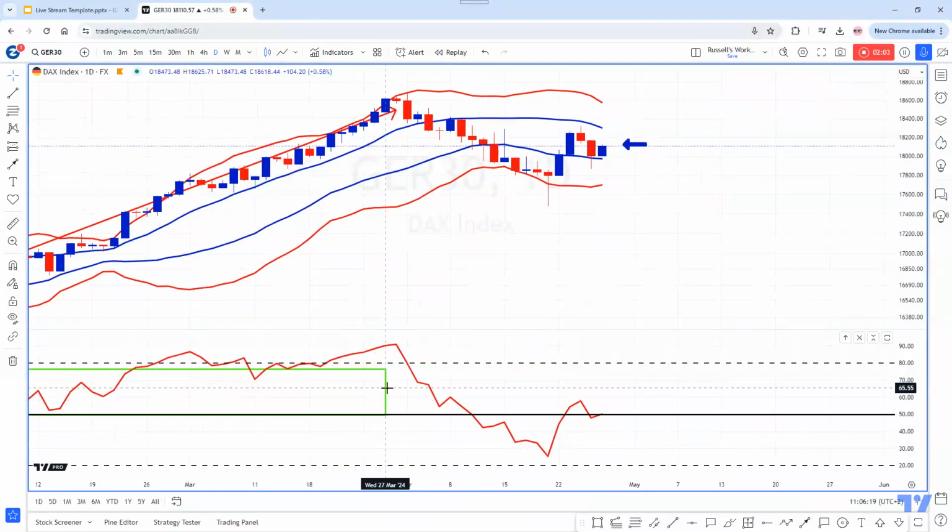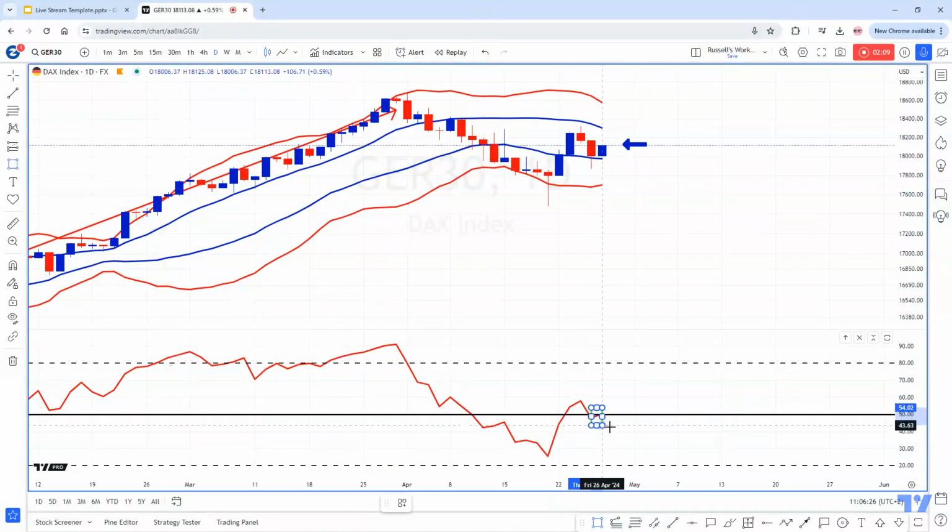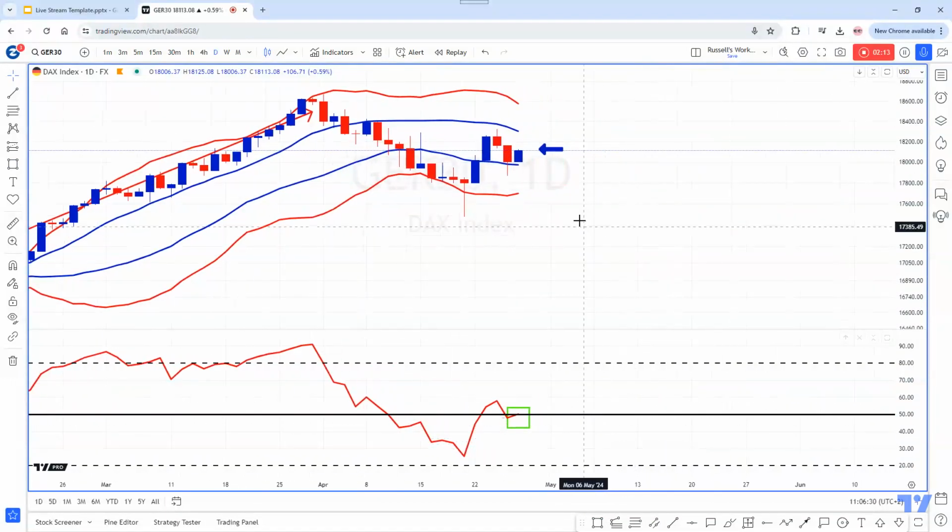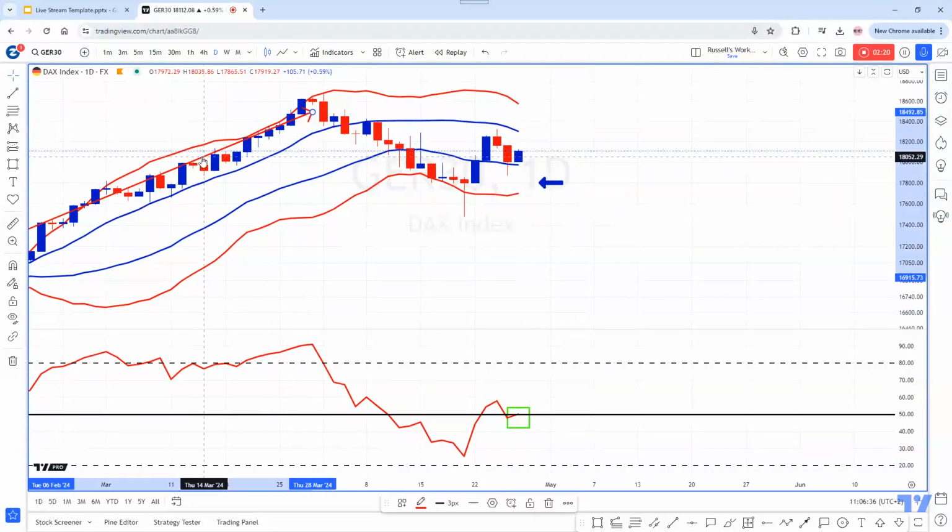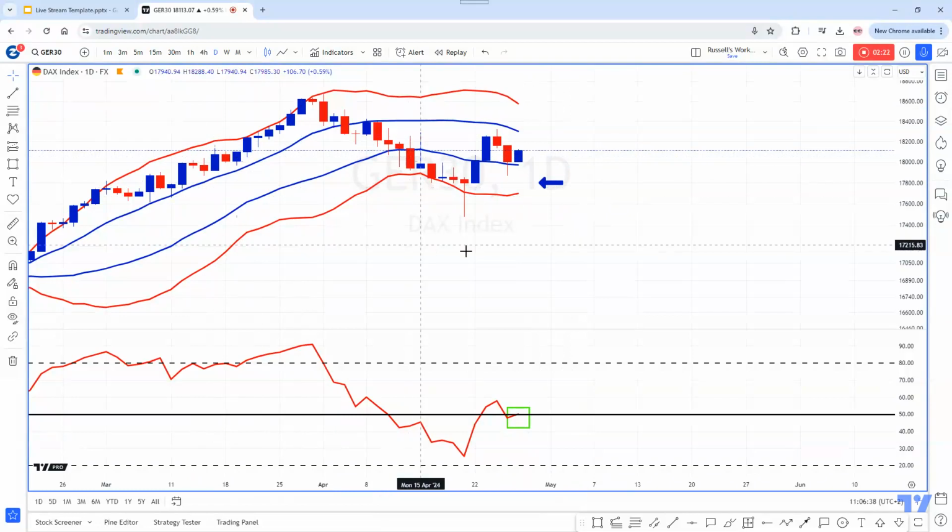So what we want to do is keep an eye on the daily RSI and see if we can maintain above 50. If we drop below 50, then we're in danger of going back into zone 3, the lower, weak area.